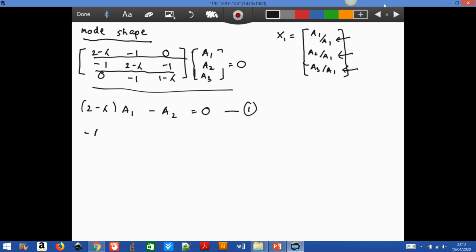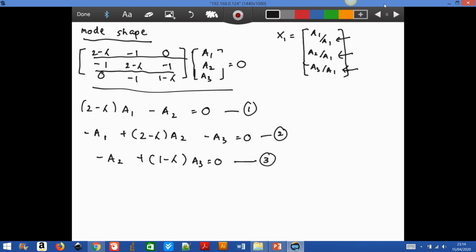So minus a1 plus 2 minus lambda a2 minus a3 is 0, second equation. So the third one will become minus a2 plus 1 minus lambda a3 equals to 0. This is the third one.